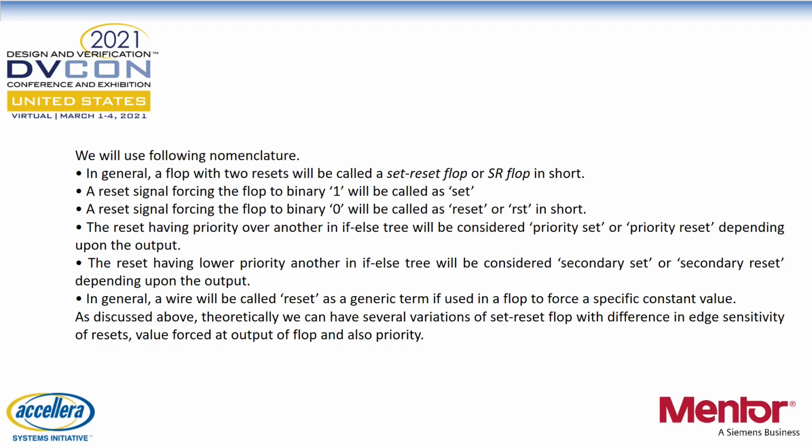The reset having priority over another in an if-else tree will be considered a priority set or a priority reset, depending upon the output of the flop. The reset having lower priority over another in an if-else tree will be considered a secondary reset or a secondary set, depending on the value of the flop.